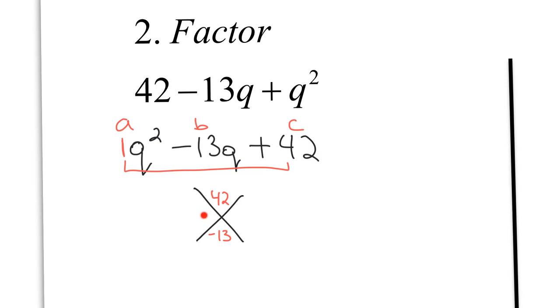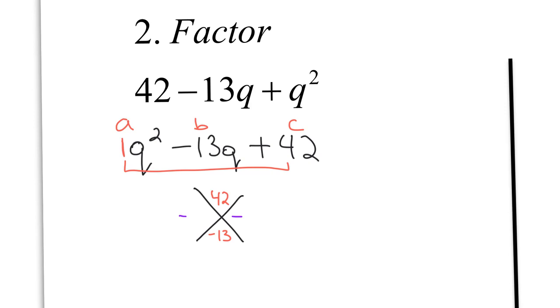What sign do you need to use? Well, the number on the bottom is going to tell you the sign. So this one has to be negative, this one has to be negative, because the number in the middle is negative. Negative times a negative number is going to be a positive. So the only thing we need to find is what numbers combine to 13 and multiply to 42.